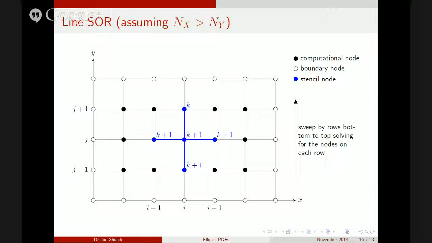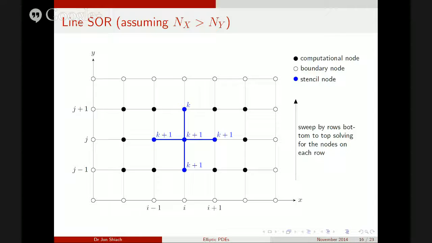What about what values are unknown and what values are known? Okay, I don't want to get all Dick Cheney on you, but if we go up through rows from bottom to top, let's say we're looking at this row. All the nodes on this row have already been calculated for the current iteration. So therefore I know the k+1 value of the south node. The nodes on the current line are what we're solving for.